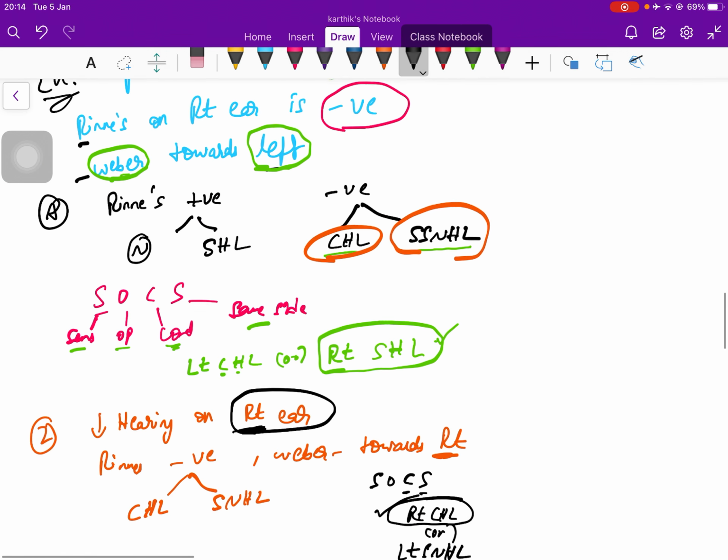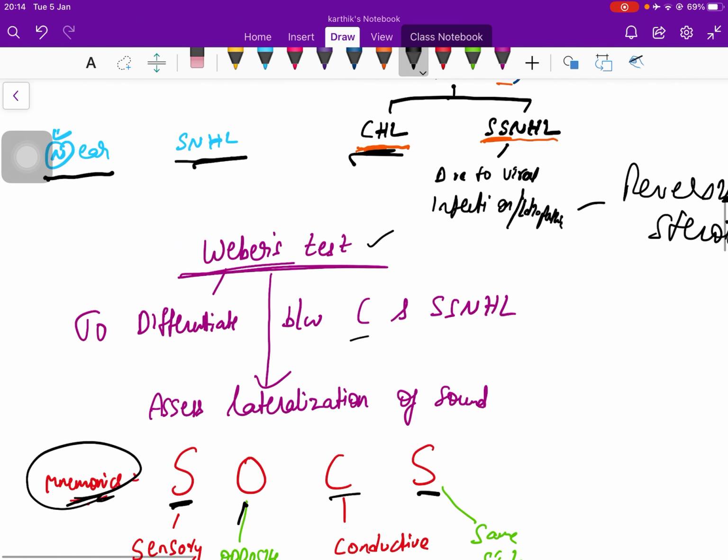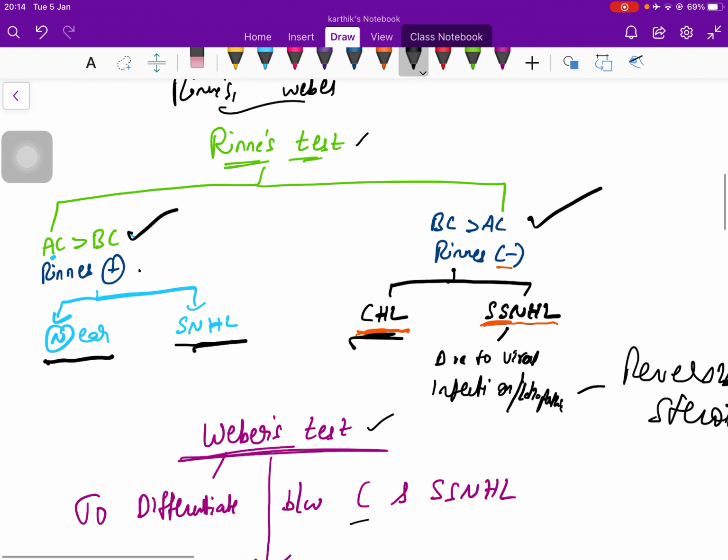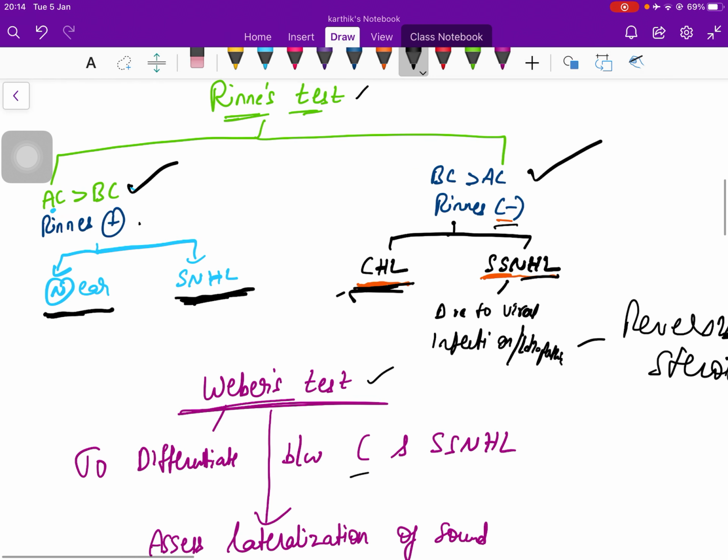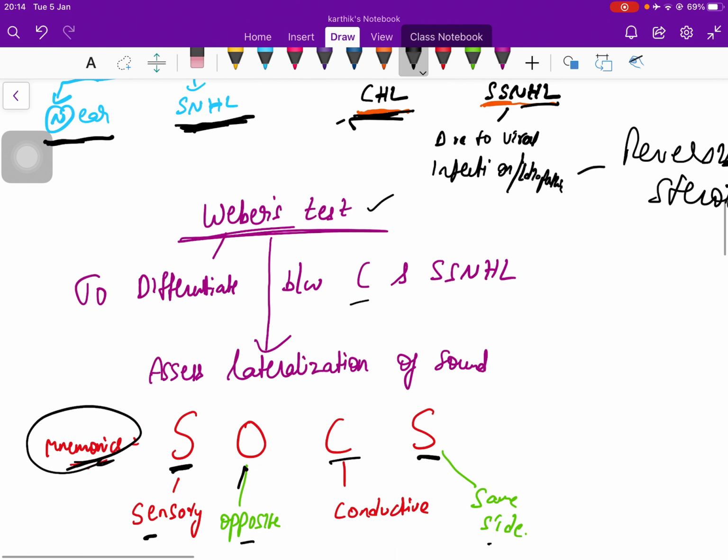Just remember this, then it will be easier for you. Whenever you see any question, first you see Rinne's. If it is positive, it can be normal ear or it can be sensory neural hearing loss. If it is negative, it can be conductive hearing loss or severe sensory neural hearing loss. To differentiate whether it is conductive or sensory neural hearing loss, we do Weber's test, and that is done to assess the lateralization.